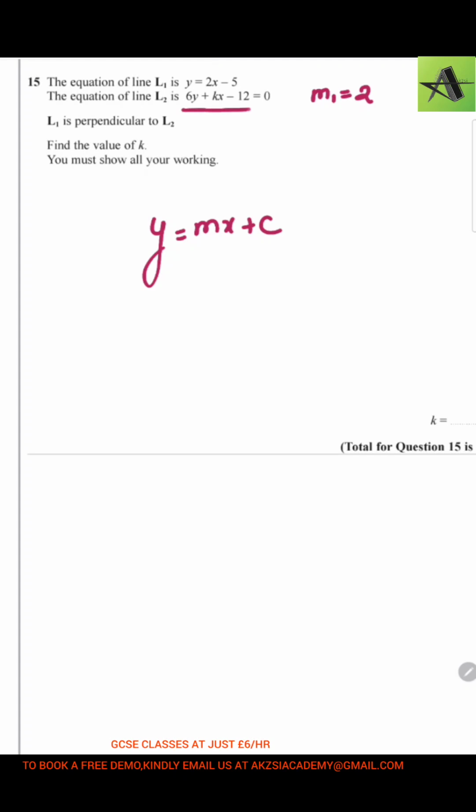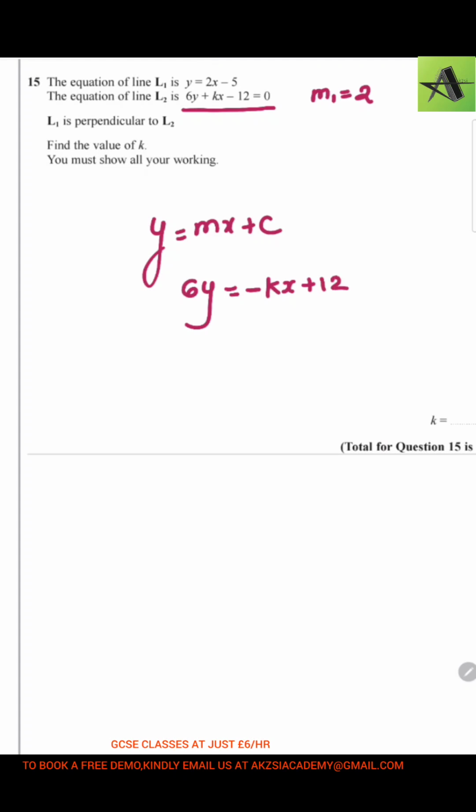Now for the second one, I have to convert it again into y equals mx plus c, which it's not in. So it would be 6y, and bringing all the other variables and numbers to the right-hand side will give negative kx plus 12.